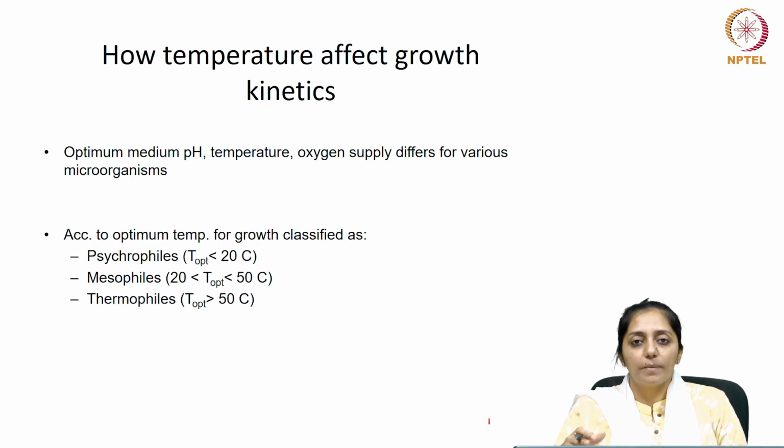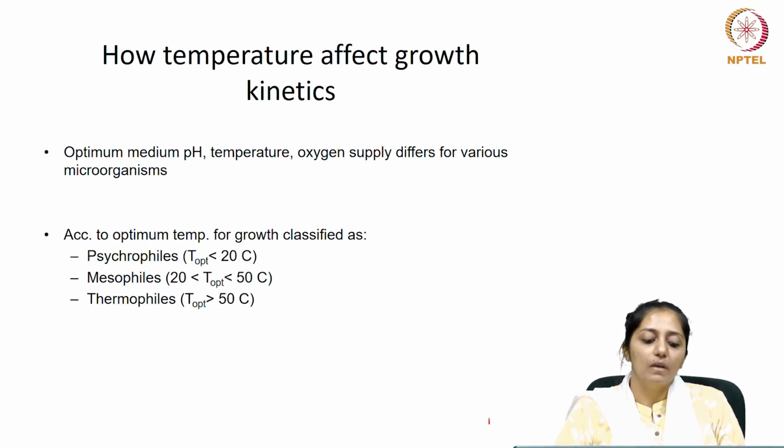There is only one substrate which is limiting the specific growth rate. However, apart from substrate, there are other factors, physical and chemical, which also have an effect on the specific growth rate of the culture, like medium pH, temperature, and oxygen supply, where the significance of each of these factors may differ from organism to organism.